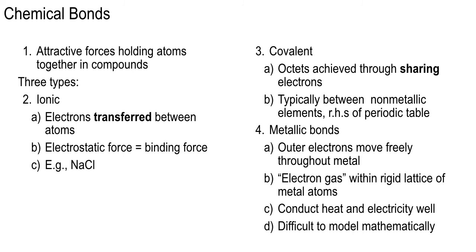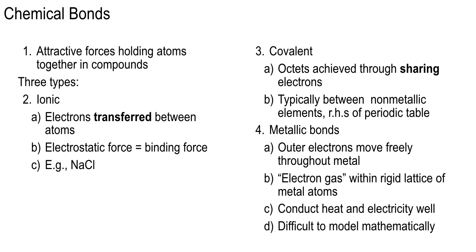Now, I want to show you the difference between ionic and covalent. And make a note up here in number 3. Covalent bonding is a purely quantum effect. Ionic bonding is something that Coulomb could have predicted if he'd known anything about electrons, because anything positive will be attracted and bound possibly to something that's negative.